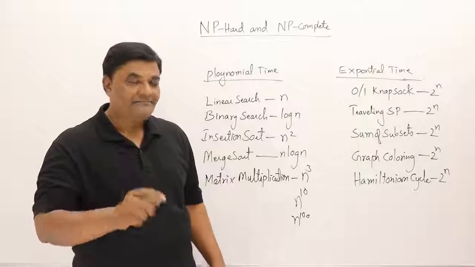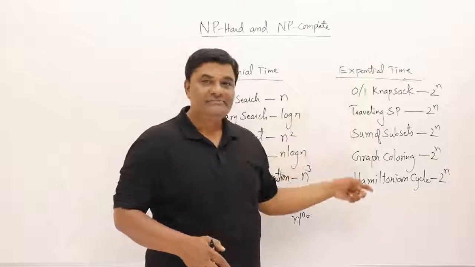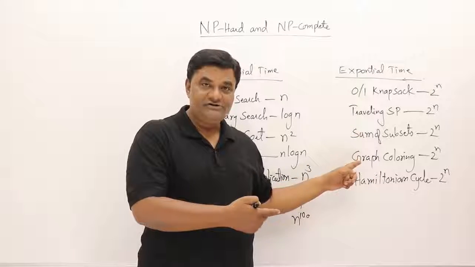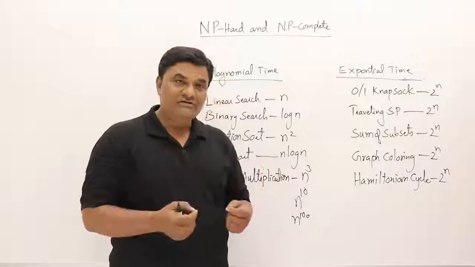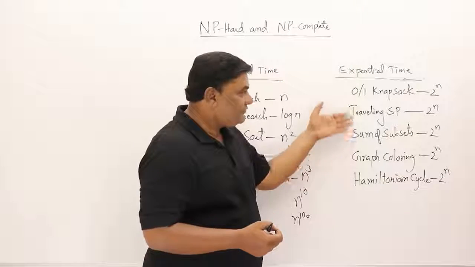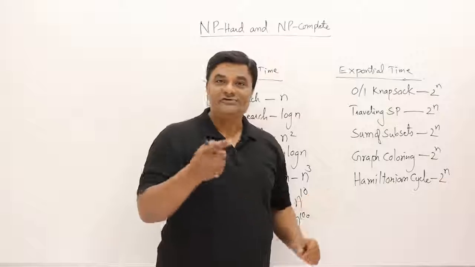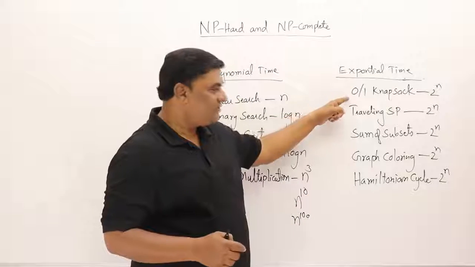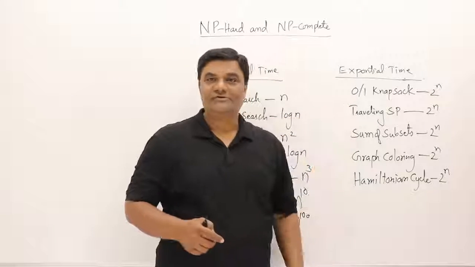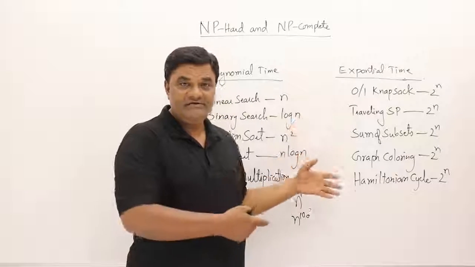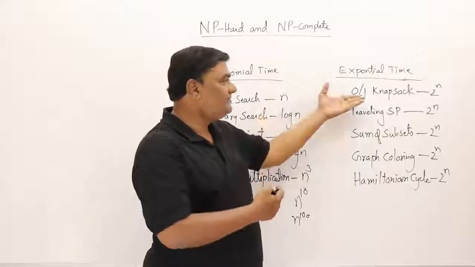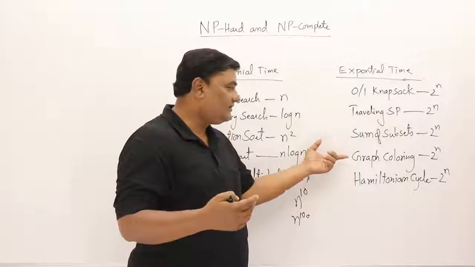First point: when you are unable to get a polynomial time algorithm for these problems, then at least try to show the similarities between them, so that if one problem is solved, all other problems are also solved. We will not do research work individually on each and every problem, like I am trying to solve the knapsack problem and you are working on graph coloring.